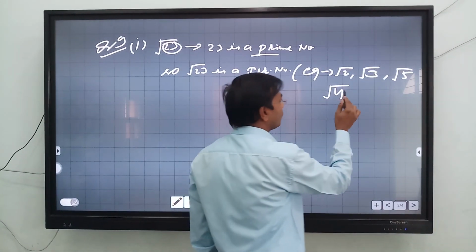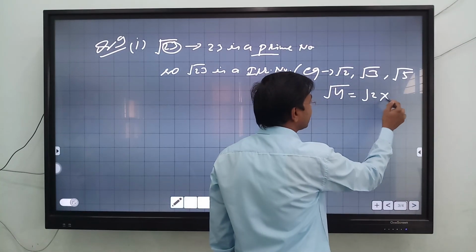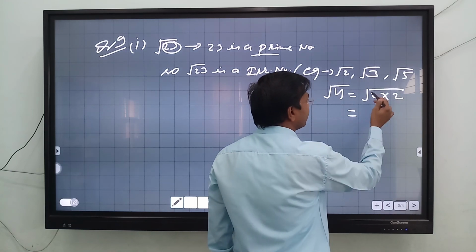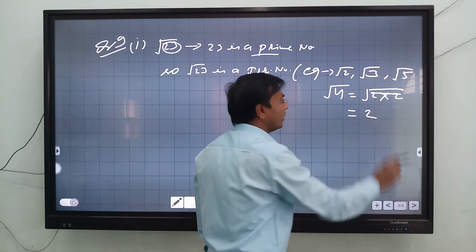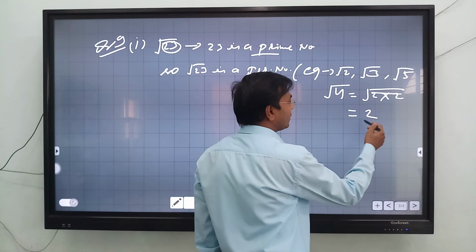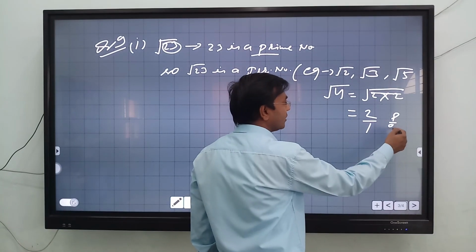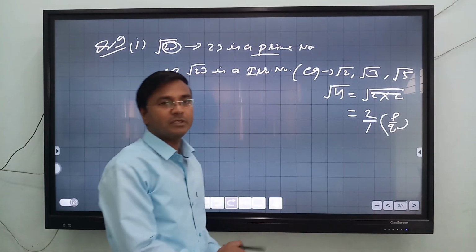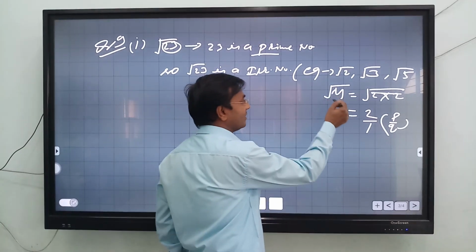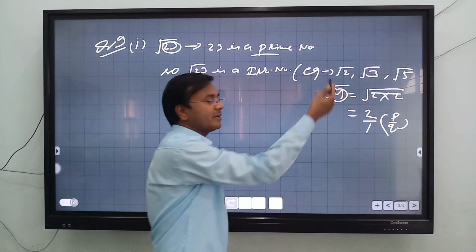And under root 4 I have skipped. Why? Because under root 4 is expressed as 2 into 2, then we make a pair and only 2 will come, which is 2 by 1, so it becomes a rational number. So 4 is a perfect square number.